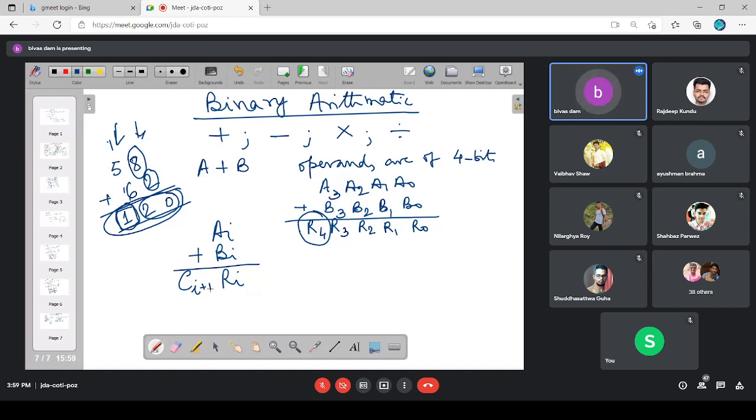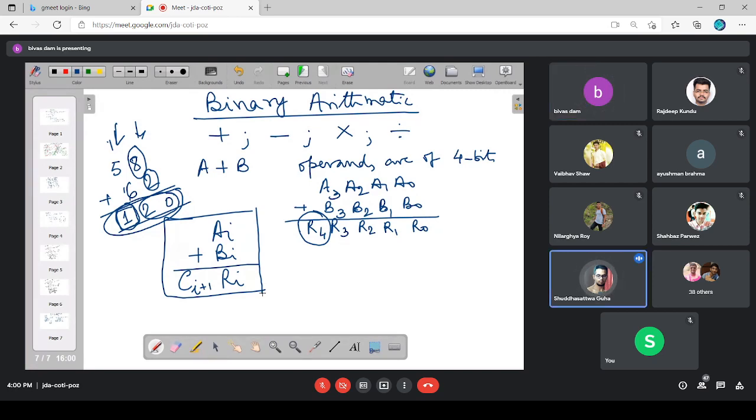Okay. So in the circuit which performs this operation, how many input bits are there? What are added here? Two bits, Ai and Bi. If I have a circuit, a black box, and I do not know what is there in the black box, the inputs are Ai and Bi.